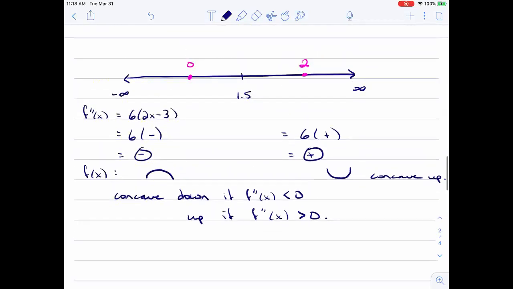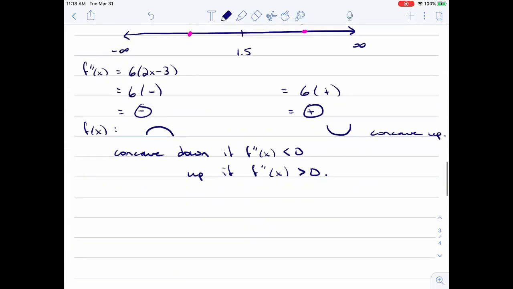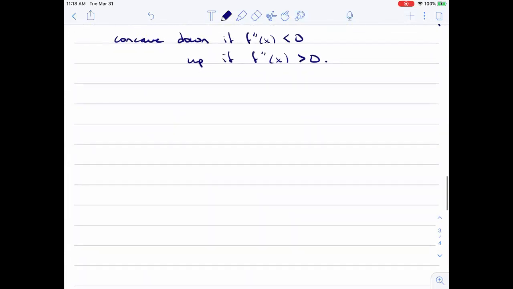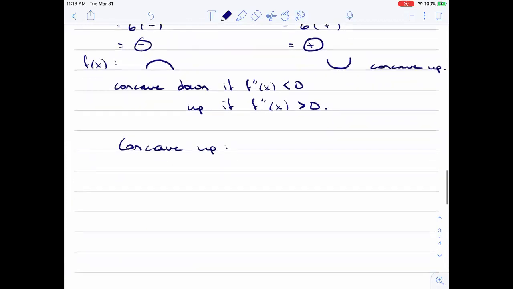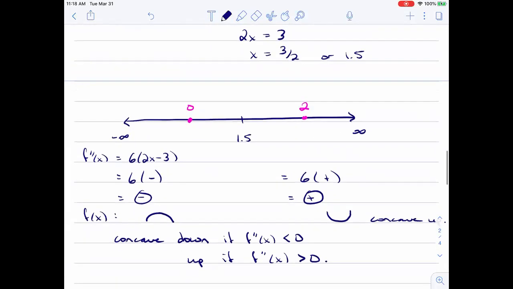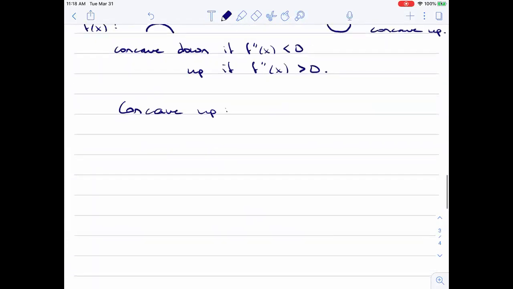So we wanted to find the intervals of concavity. So here we can say that it's concave up from 1.5 to infinity, and concave down from negative infinity to 1.5.